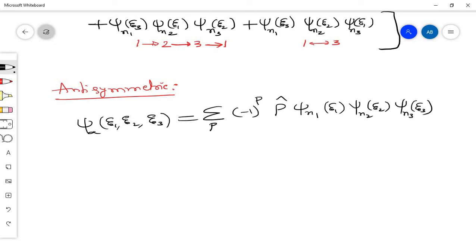Okay, now you do all the permutations. Of course, don't forget to put 1 by root 3 factorial.